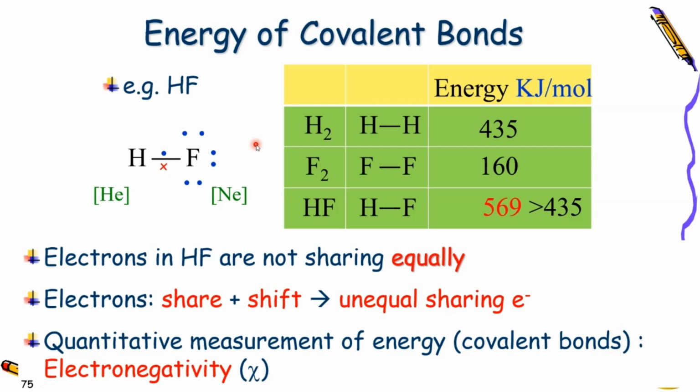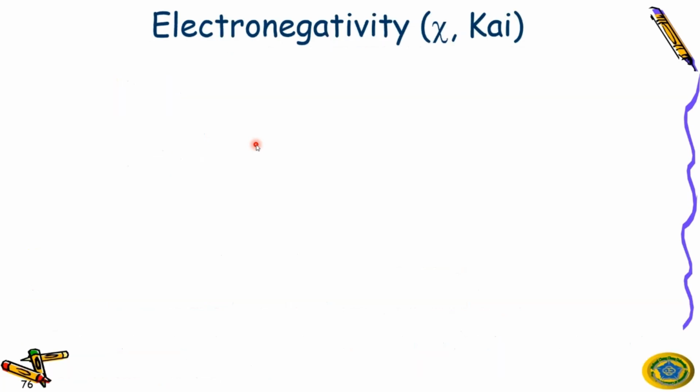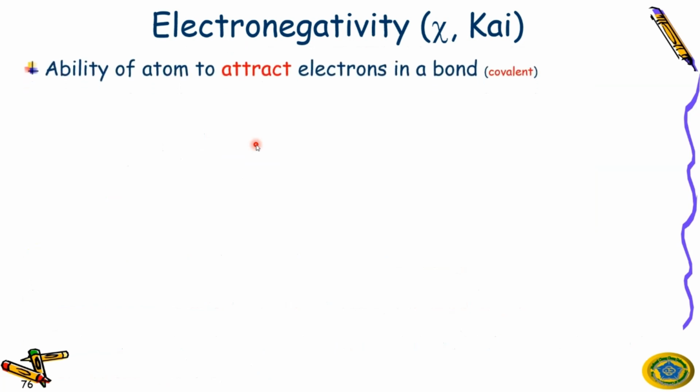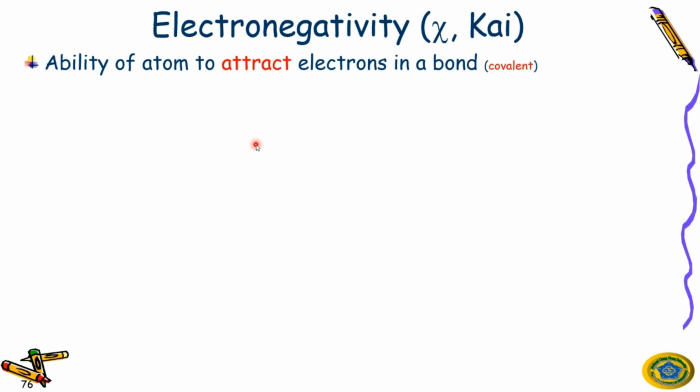Right. So let's recall what we have learned about electronegativity. Electronegativity here we call chi. It is the ability of the atoms to attract electrons in a bond. So electronegativity means how much you like electrons. If you like electrons very much, the value of the electronegativity will be high.